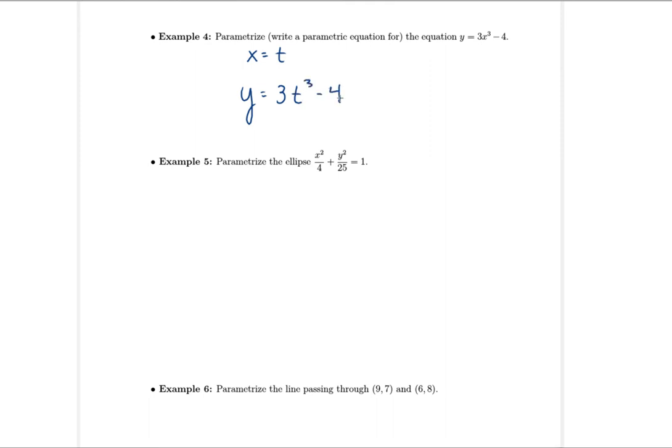Now that might seem like a silly problem, but it actually is a helpful idea to keep in mind as you move on in mathematics. There's going to be times where doing that will actually be helpful and convenient. But let's look at a more difficult one, parameterizing this ellipse here.